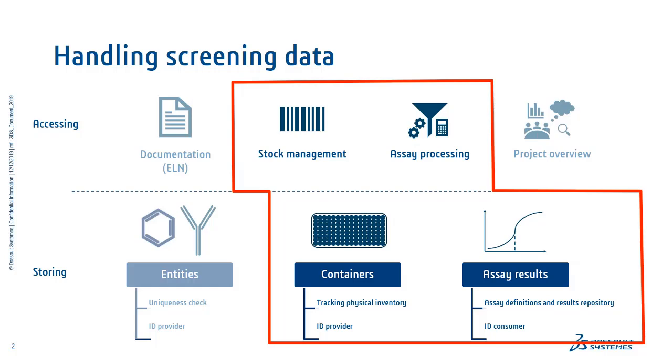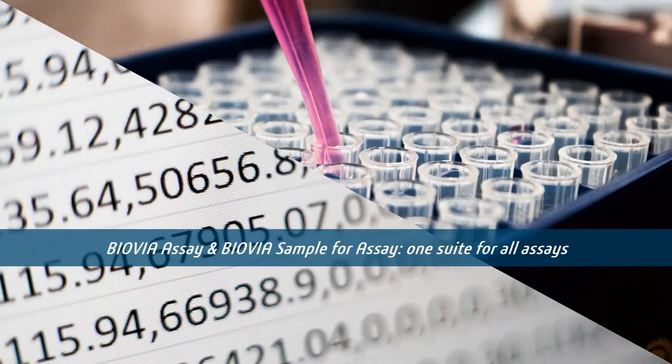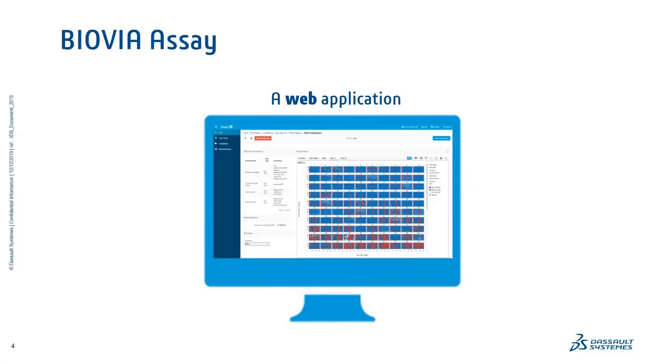To address those, we will focus on two solutions, BIOVIA Assay and BIOVIA Sample for Assay, which allow you to process results and to handle and manage them for any kind of assays. So we start with defining what those solutions are, then understand how they work, going through some demonstration and some key aspects. To start with, what is BIOVIA Assay?